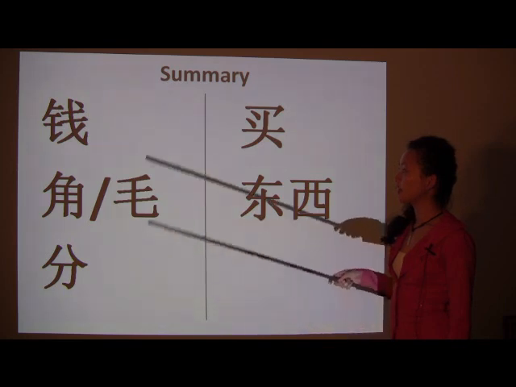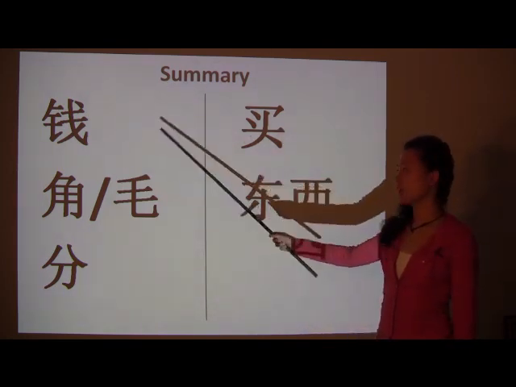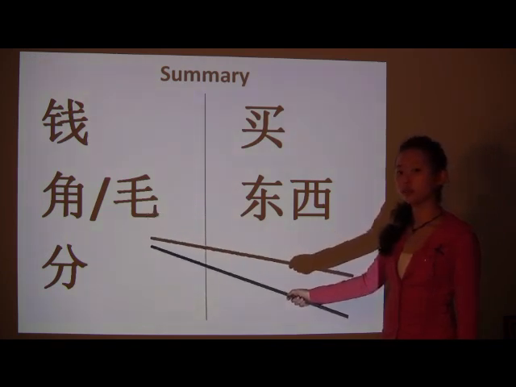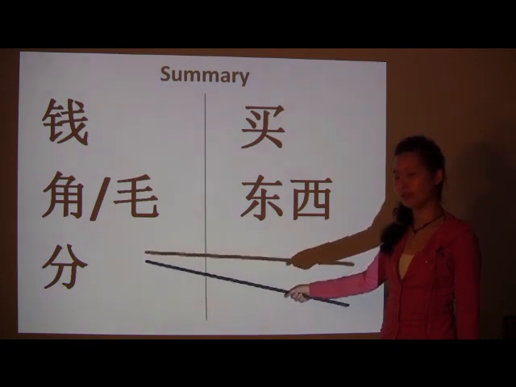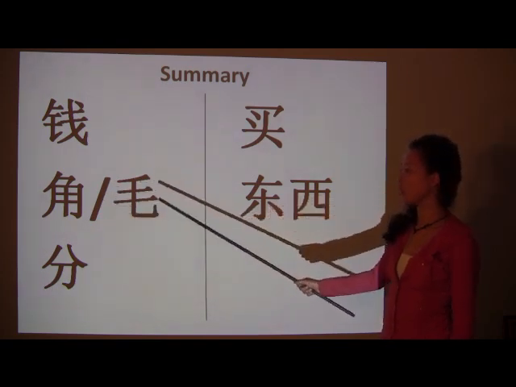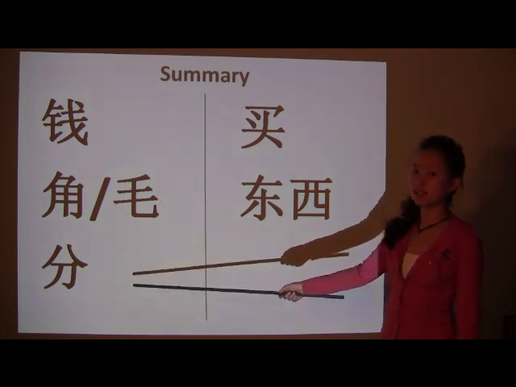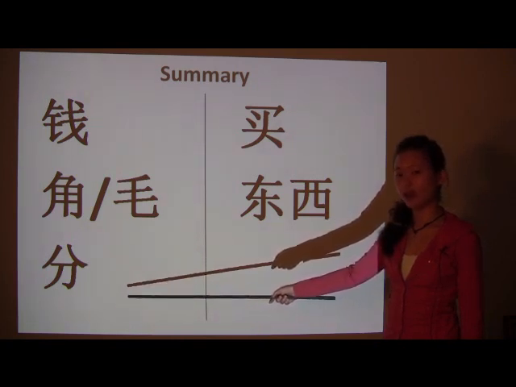A summary of our money terms. Money, the character for it is 钱. Next, you have 10 cents or any multiple of 10 depending on what number you use to precede it: 角 or 毛. And then if you have 1 cent to 9 cents, you use 分 after.